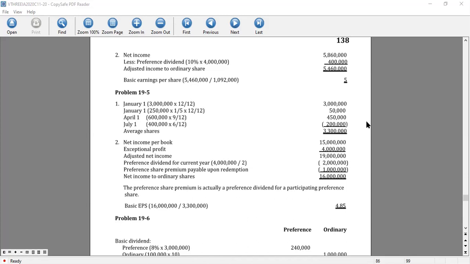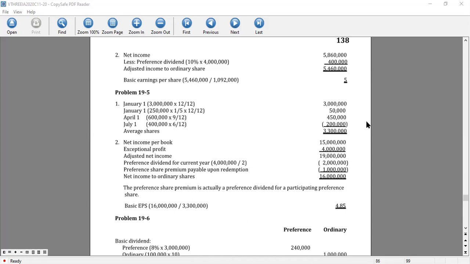Second, compute the basic earnings per share. For number 2, net income per book is 15 million. Then we have the exceptional profit of 4 million. And we have the adjusted net income of 19 million.